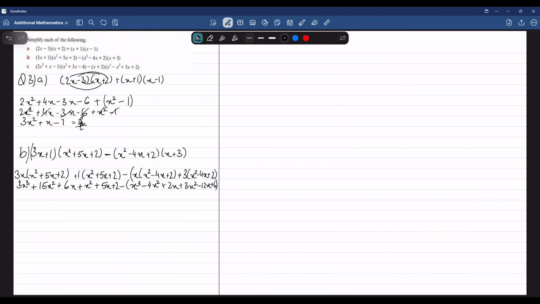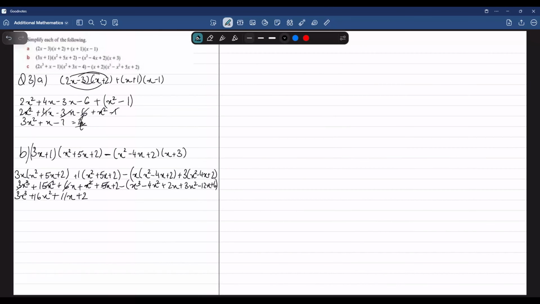Now if I were to simplify this a bit, 3x cubed plus 15x squared plus x squared would be 16x squared. And then 6x plus 5x would give us 11x, and then plus 2.